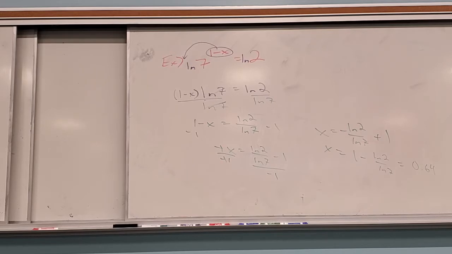I kind of hate that. Natural log of 2. So you've got to close that parenthesis. If you don't close that parenthesis, everything you write will be inside that natural log. You just want 2 inside there. Divided by natural log of 7, right? Yes. So 0.64 roughly, yeah.